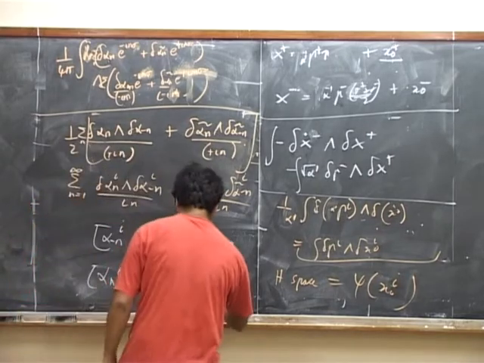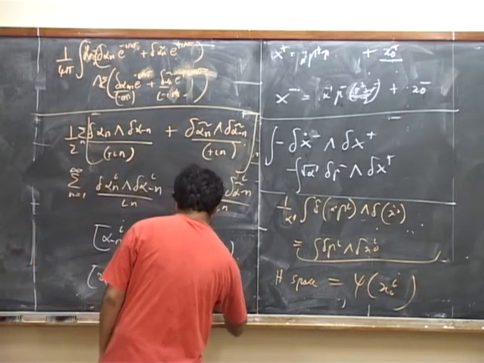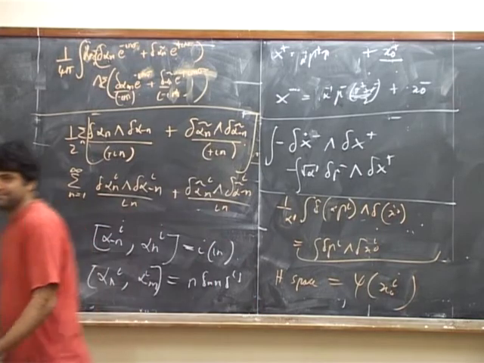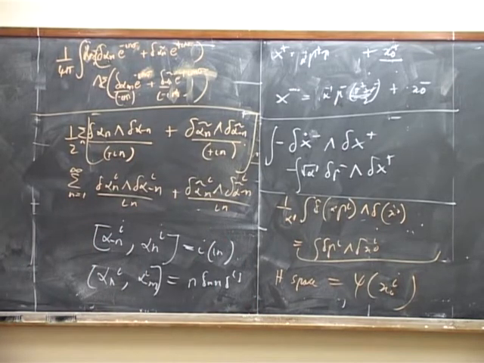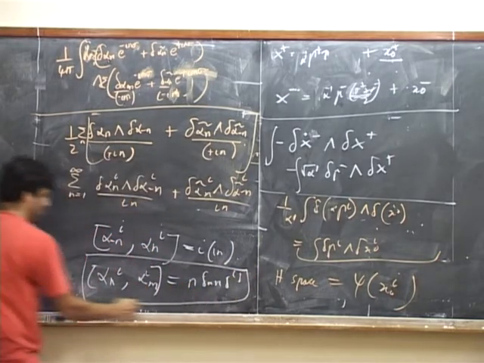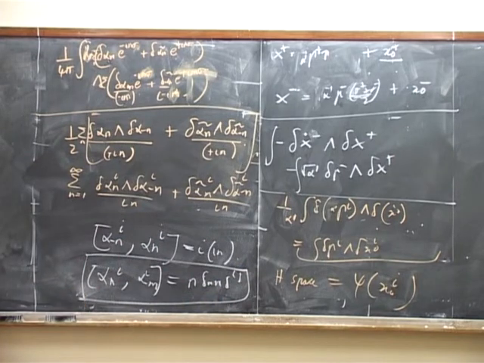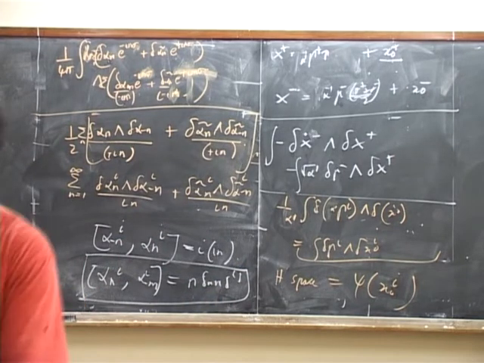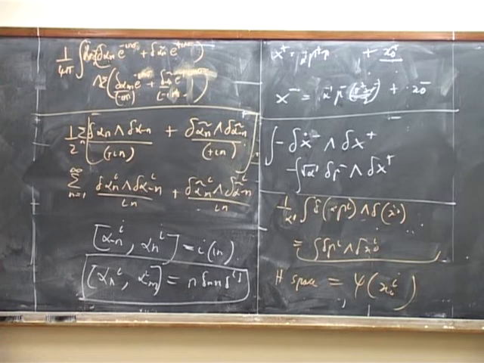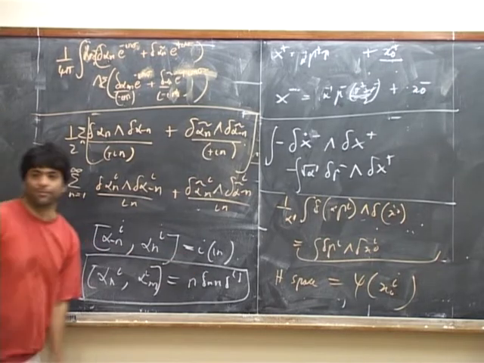So I can write this more generally as delta n delta ij. That completes our quantization. We've got a Hilbert space with these alphas that have this commutation relation.